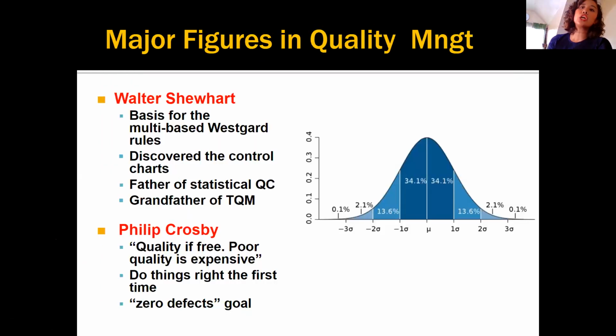So, major figures in quality management. Guys, Walter Shewhart, he's amazing, he said that we could use statistical tools in ensuring quality. Okay? Because, example, you are running your control materials.